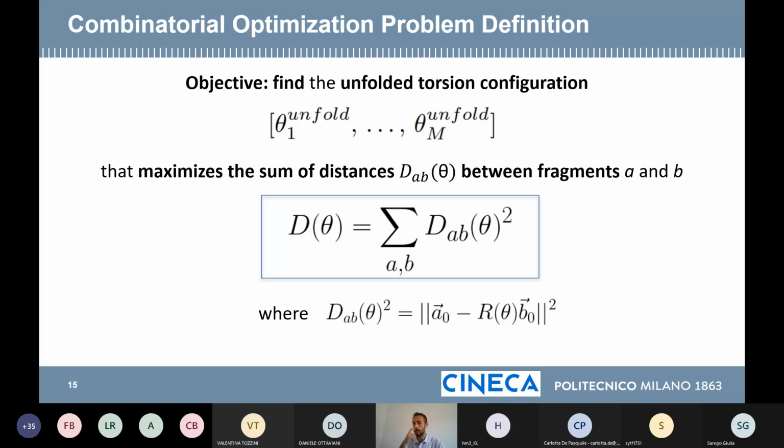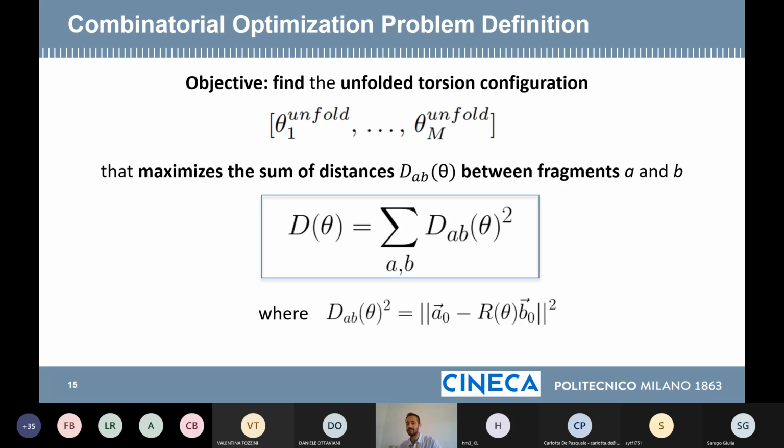No, here it's just a geometric approach. We don't look at the energy, just the geometry. As I told you, this is the first part. The part about the energy comes later on in the docking process. So this is the geometric part.